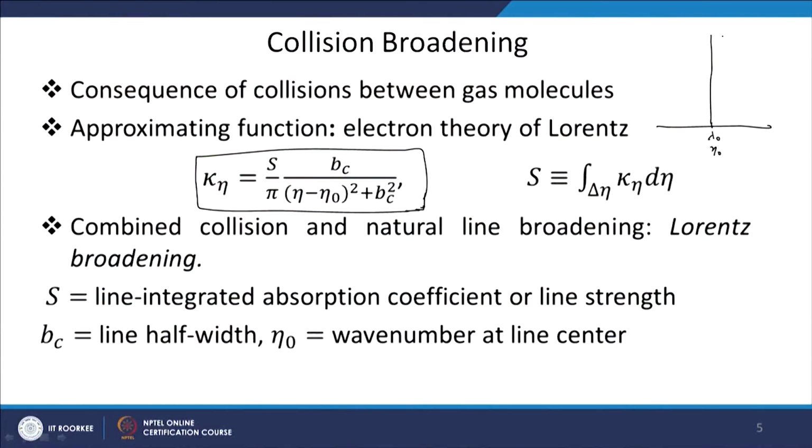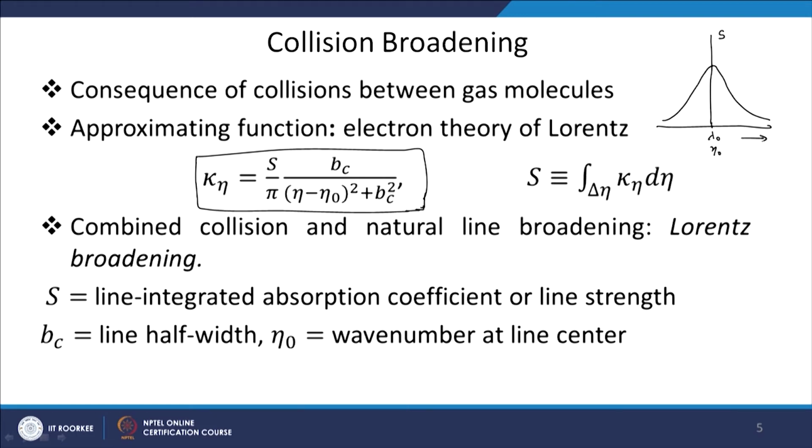So, we know that this will not be sharp, it will be spread out. The strength of a single line without perturbation, without dispersion is S, and due to broadening this will become like this, this will be broadened out.